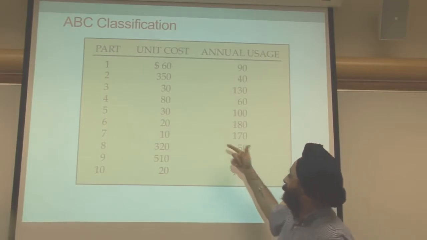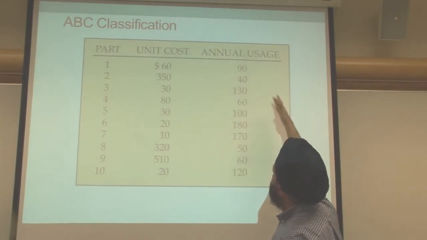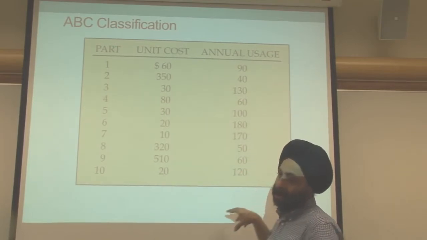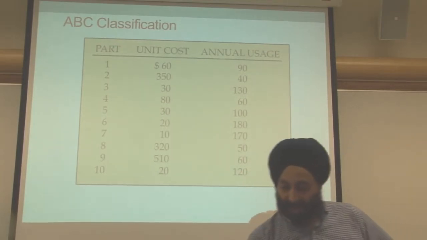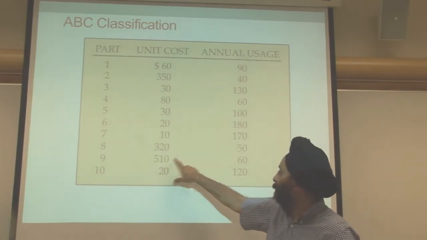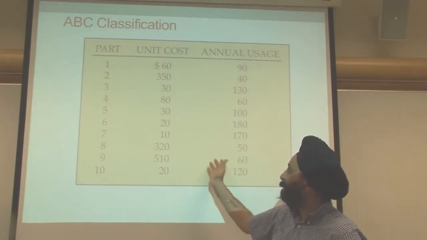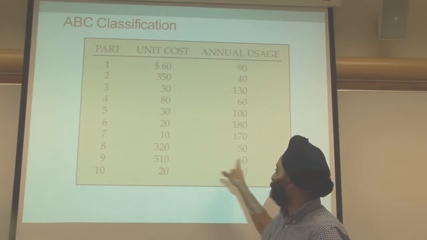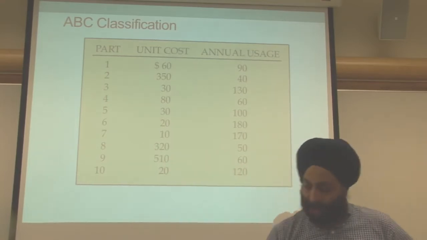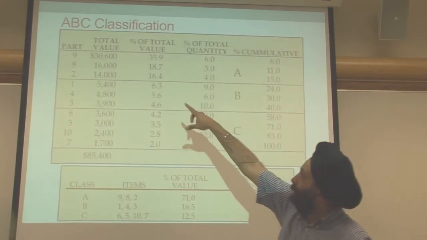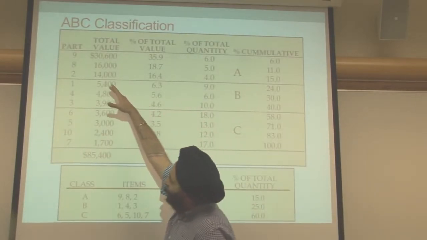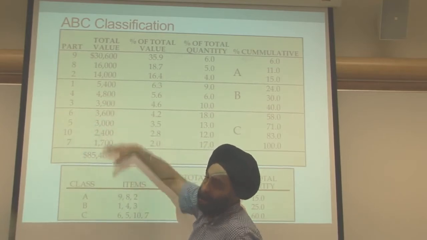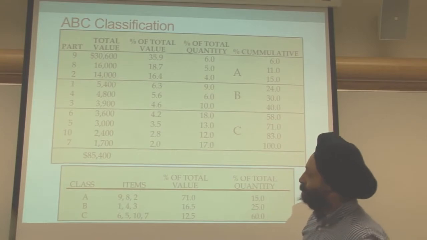Once you calculate that for each of these products, you put them in descending order of dollar volume. The highest product is the 510 times 60, calculated to be 30,600. So this list has been reordered in descending order of total value.